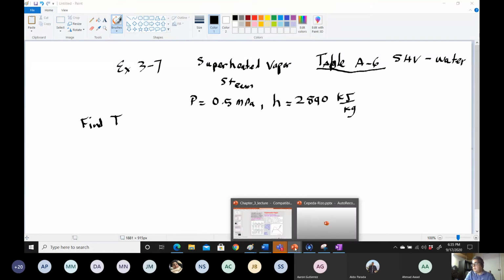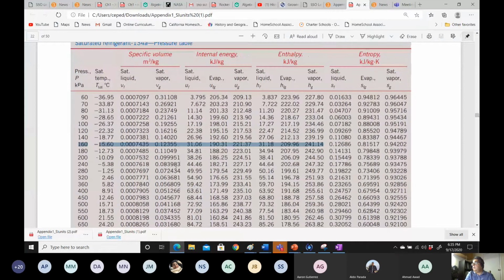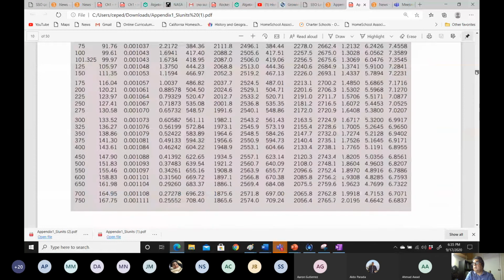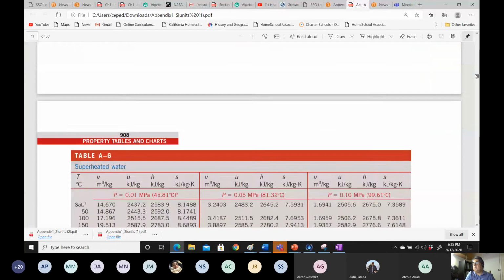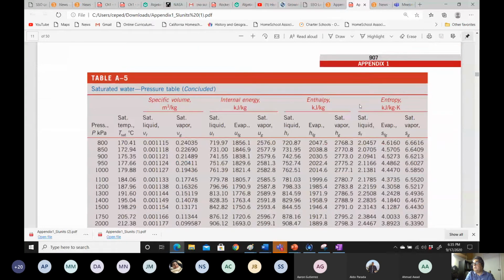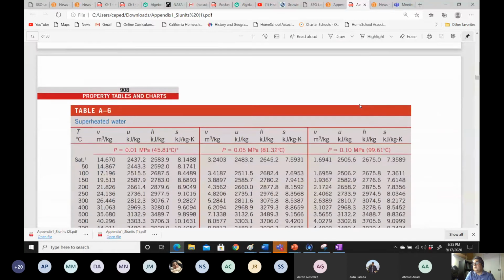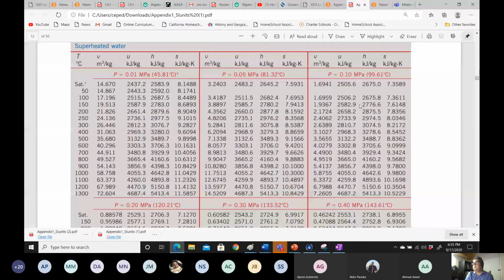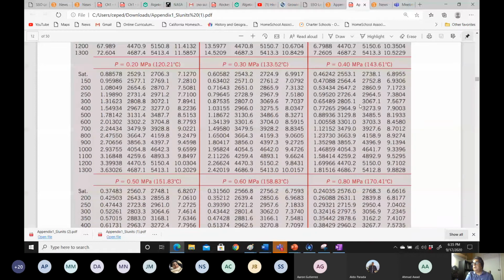So we got to go to A6. Okay, we were given the pressure is equal to 0.5 megapascal. So where's our 0.5? Right here.